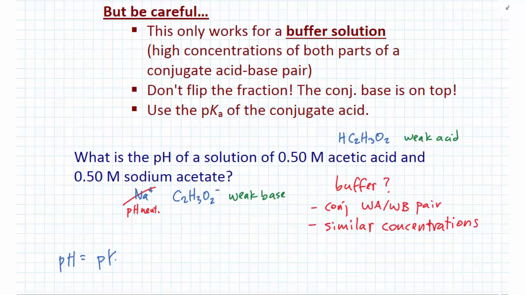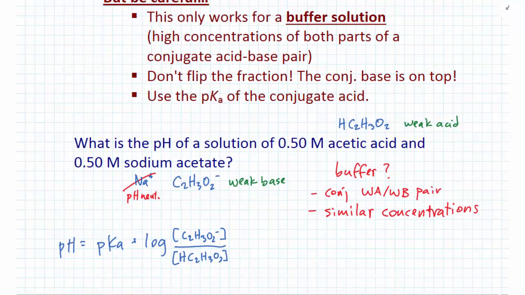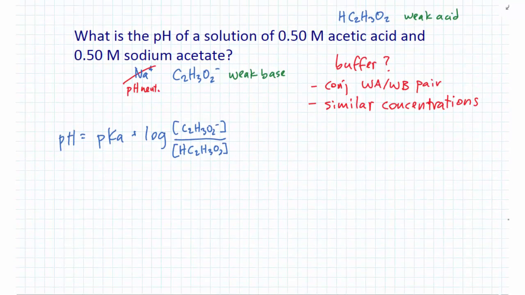pH equals pKa plus log, in this case, of the acetate ion over the acid. So it's going to be the base over the acid. Okay. What else do I need here?